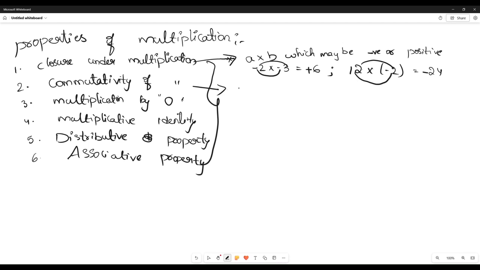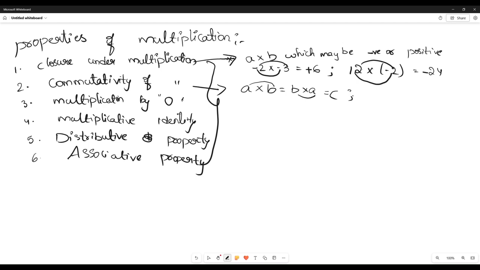Let's see the commutativity of multiplication. We have a formula for commutativity of multiplication. A into B equals B into A. It is nothing but when we multiply two numbers, if you reverse them also, we get the same answer. This is the commutative property.